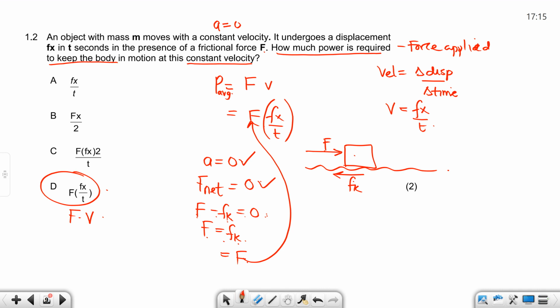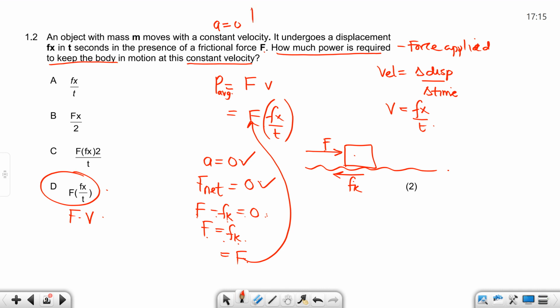Okay, please take a moment. Let's read the question again. An object with mass m moves with a constant what? Velocity. We stop there. What is zero? No, it means velocity is not changing. Yes. So at constant velocity, acceleration is equal to zero.